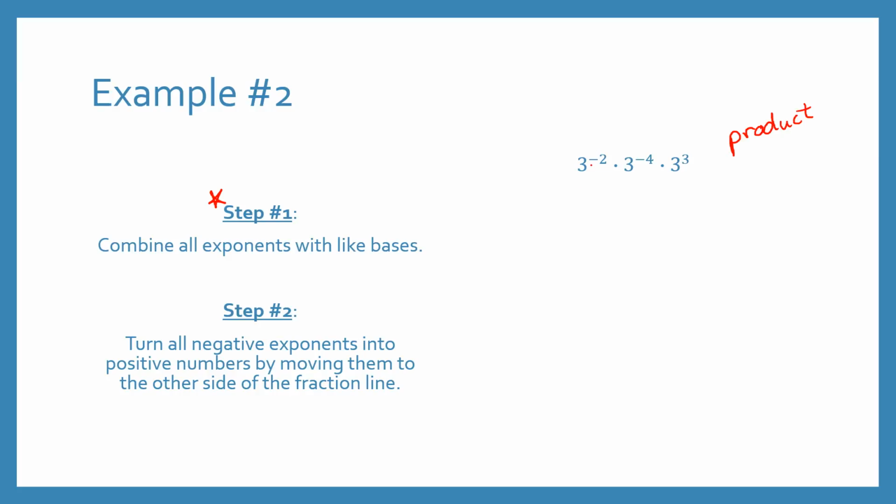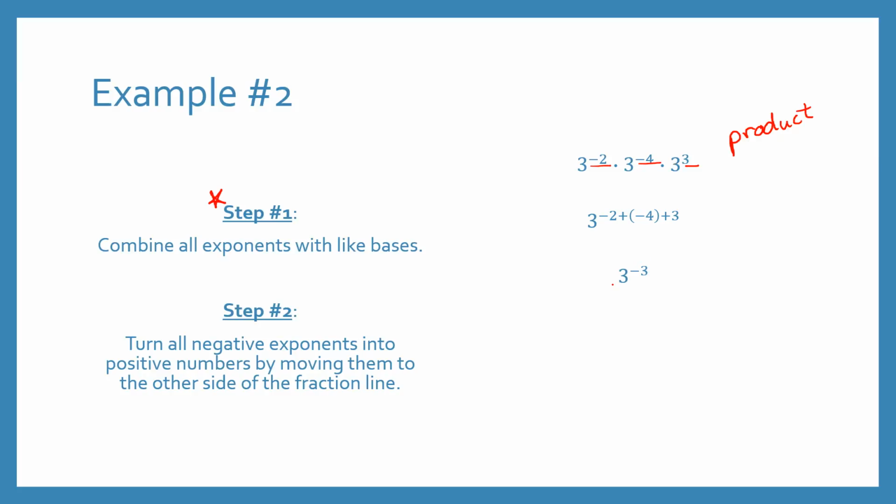So all you're going to do is add all these exponents together and then worry about your negatives, because you could move all these to the denominator, but you're going to create a lot more work for yourself if you do step number 2 first. It's not that it's wrong. You'll just create a little bit extra work for yourself. So based upon the product rule, we simply add all those exponents together. Negative 2 plus a negative 4 plus a positive 3 gives us 3 to the negative third.